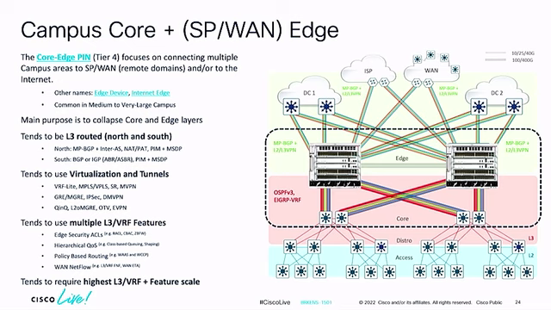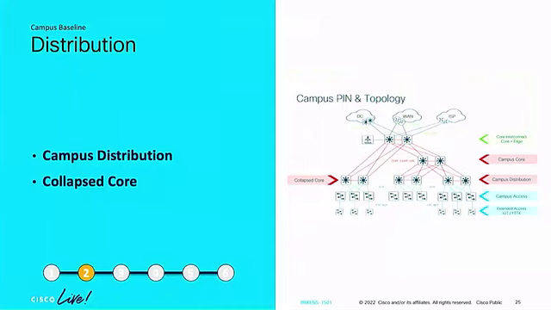It also tends to require the highest layer 3 VRF capabilities and feature scale. So that's the core layer. High speed, and it tends not to have a lot of features at the typical layer 3 core, but if I get into that fourth-tier core or SP-WAN edge, I might be turning on a lot of other capabilities that I wouldn't run in my typical campus environment.